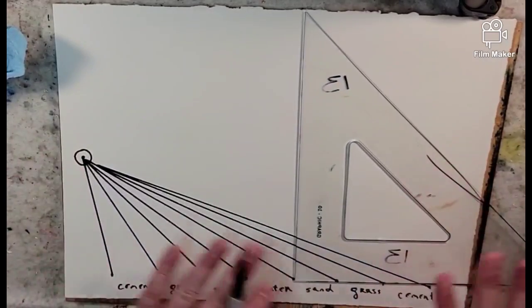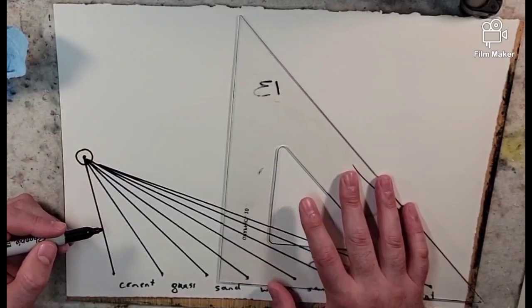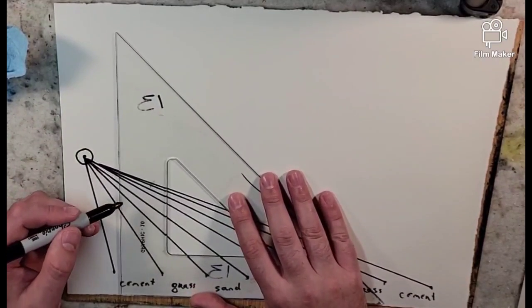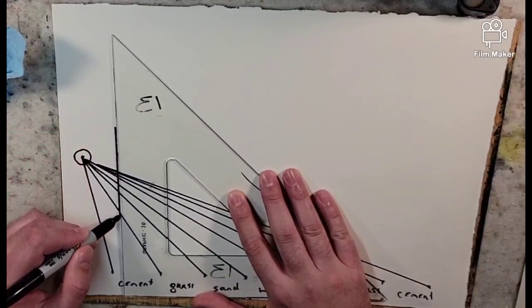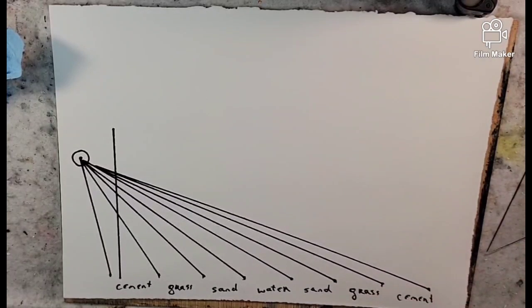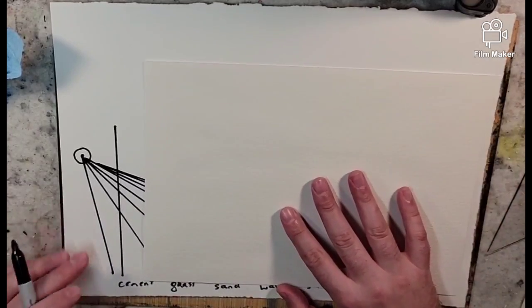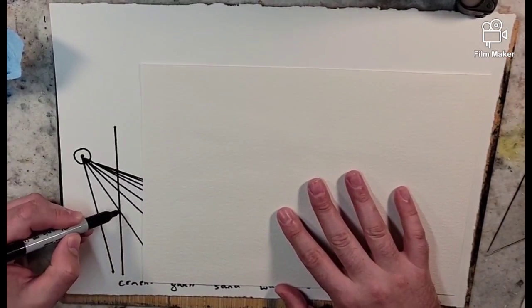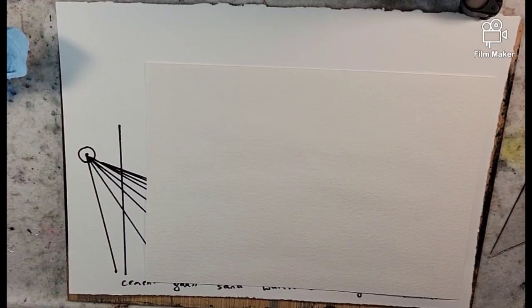So we have these lines. If this person was to put a piece of paper in front of them and try to paint this object, here's our paper. It would be like this. And if you look closely, you'll see that each one of these has a different length that it allows on that paper.